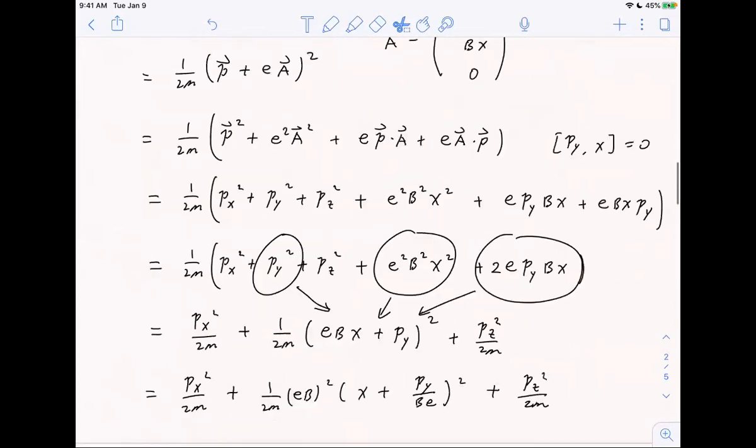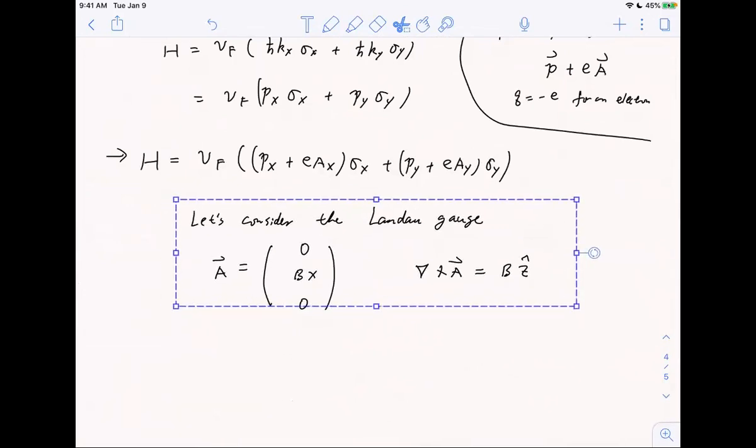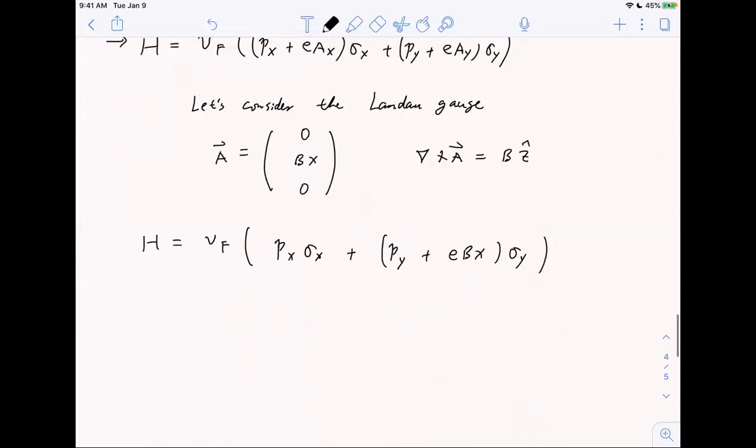Okay, we use the Landau gauge, then the Hamiltonian will be... here Ax is 0. So you only have px sigma x, but you still have the y component.